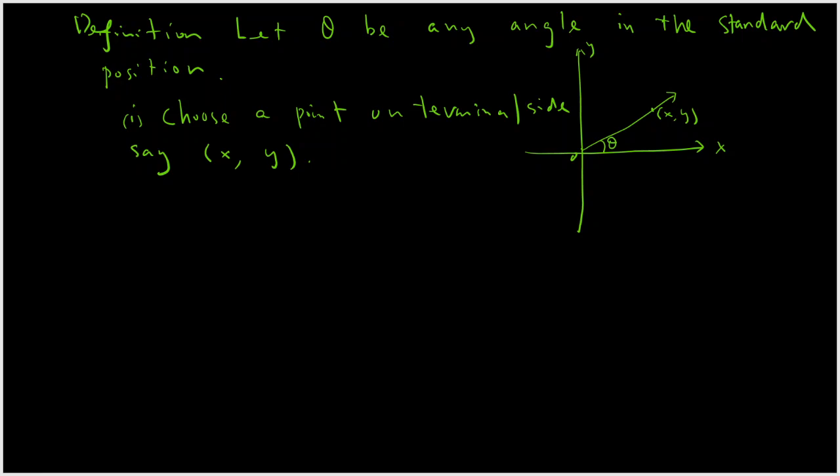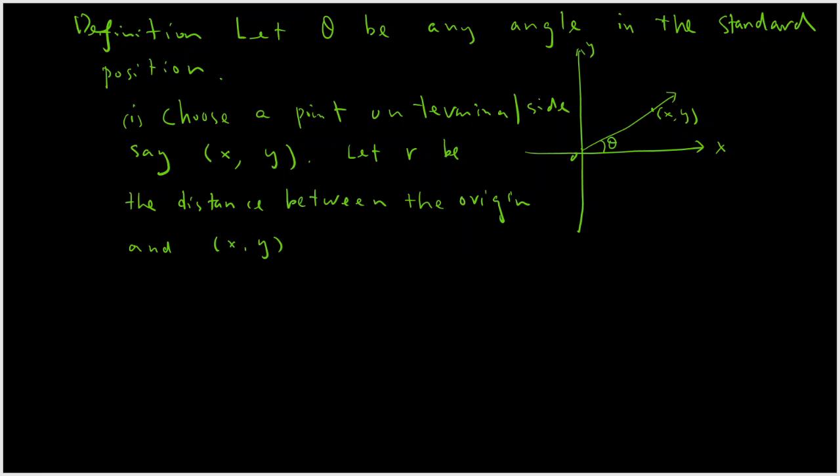We need one other number. The other number is the distance between the origin and the point. So now let r be the distance between the origin O and the point (x, y).